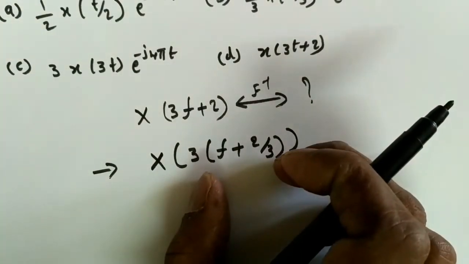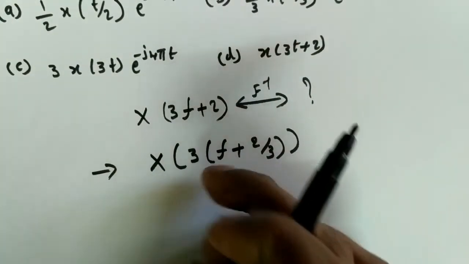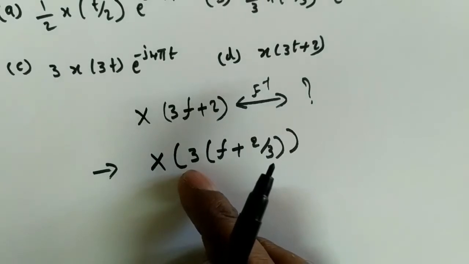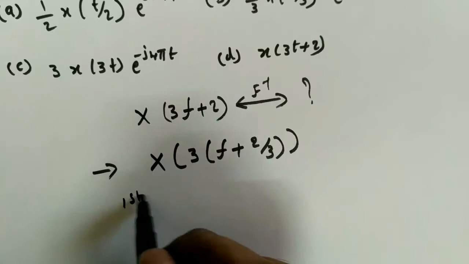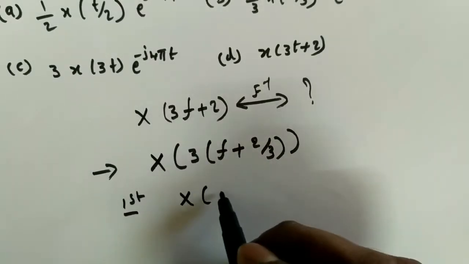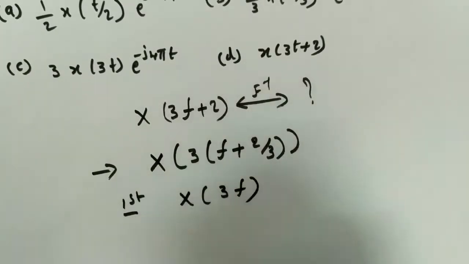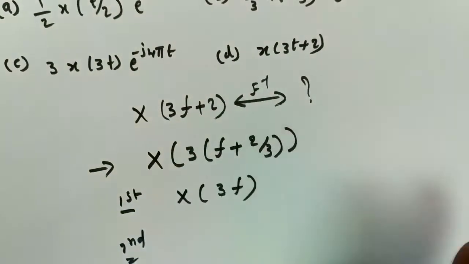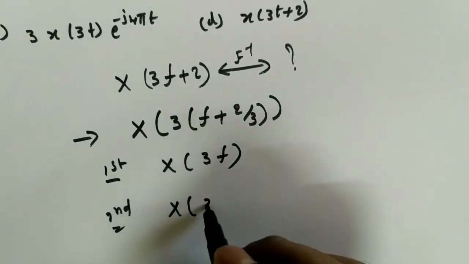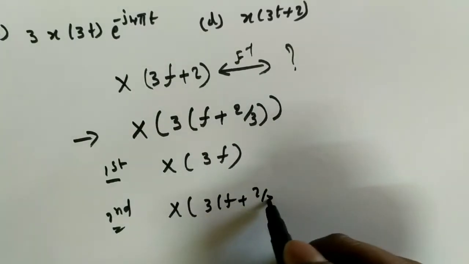Either we do the shifting first, or the scaling first. When you take the common factor, the first step is always scaling, that is 3f. Then the second one is the shifting property, so that is X(3(f+2/3)).